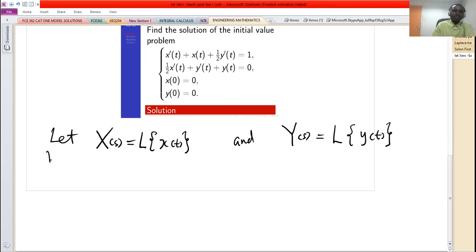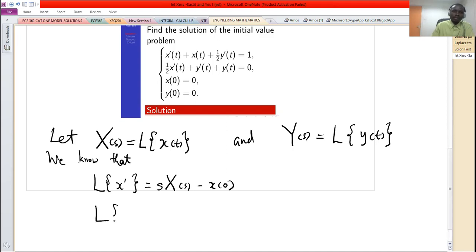And we know that the Laplace transform of the derivative of x is given by s X of s minus x at 0, and the Laplace transform of y prime is given by s capital Y of s minus y at 0.